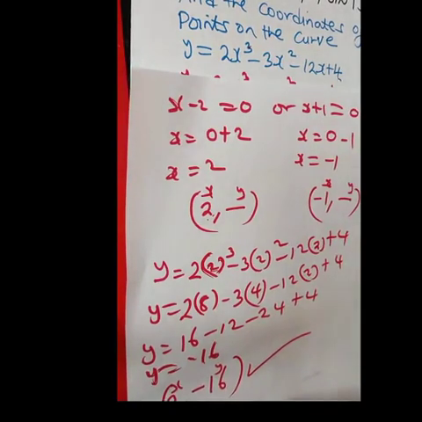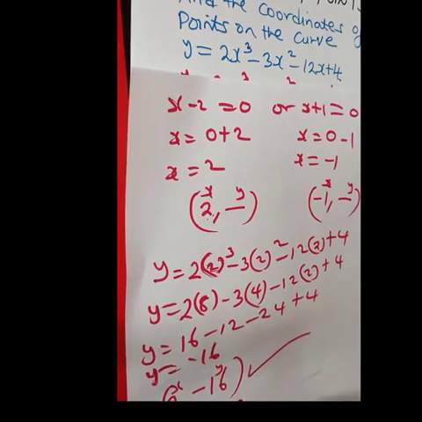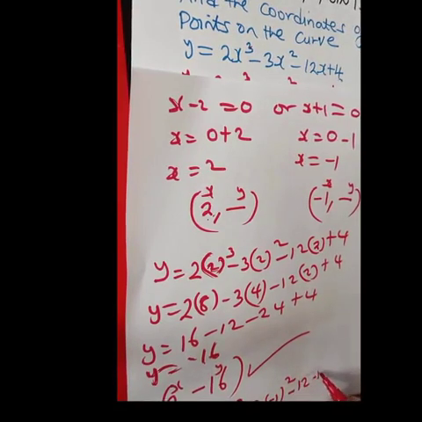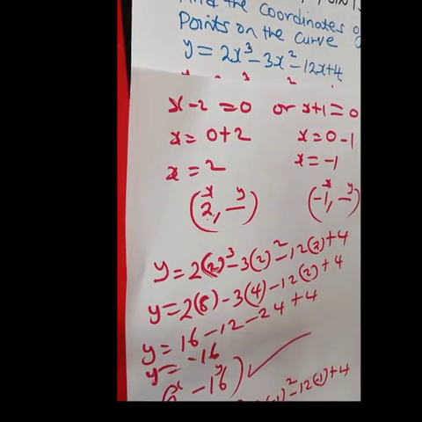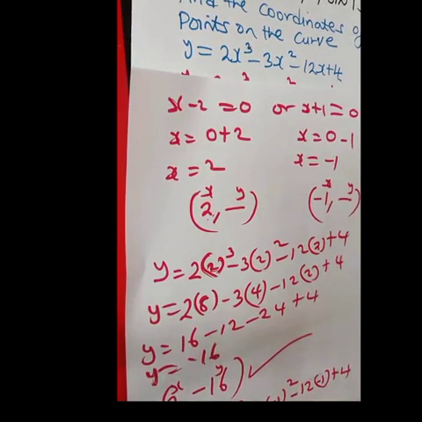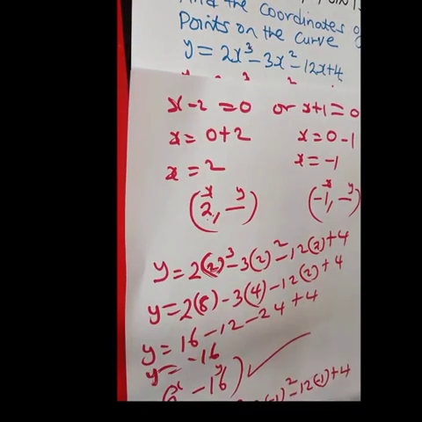So we write -1 to the power 3 minus 3 times -1 squared minus 12 times -1 plus 4. So simplify further. -1 to the power 3 means -1. -1 squared means just 1, because -1 times -1.